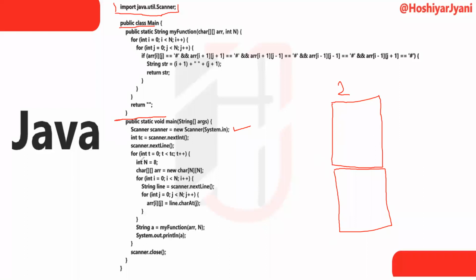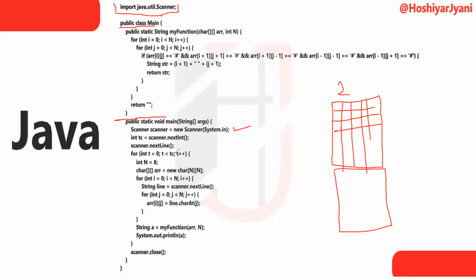After that, the int value n is given. This is the length of the columns and rows given in the question, an 8 by 8 matrix. So this is our 8 by 8 character array, where different characters are present.